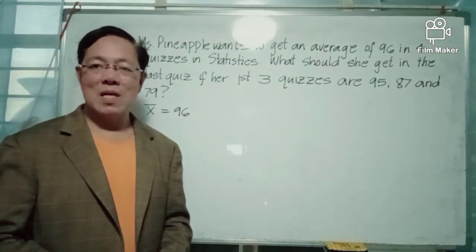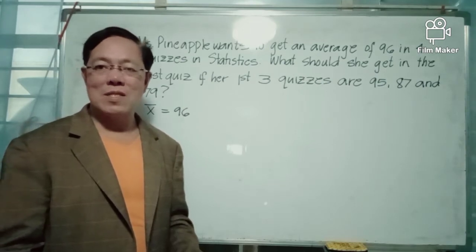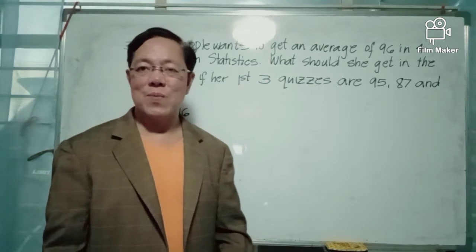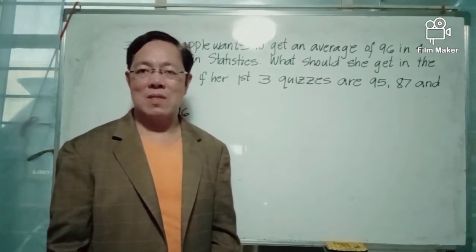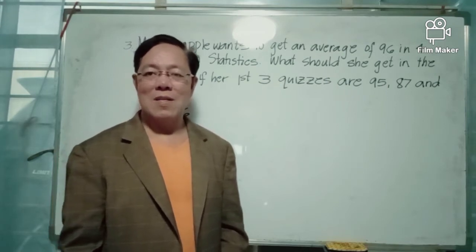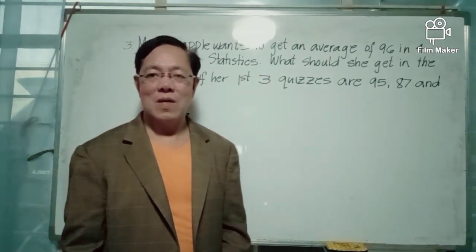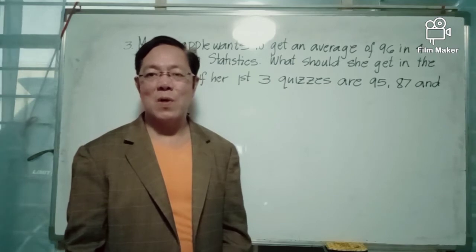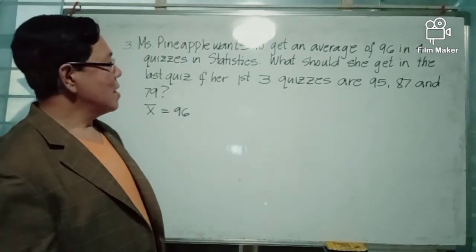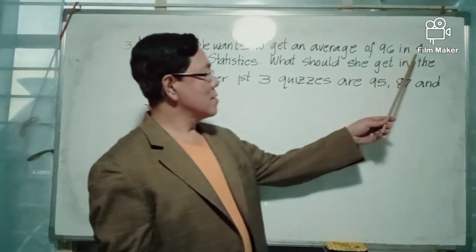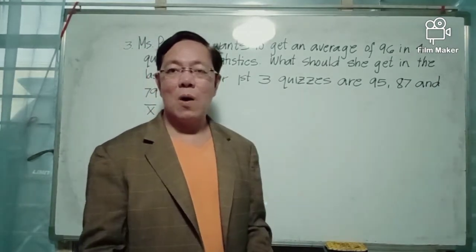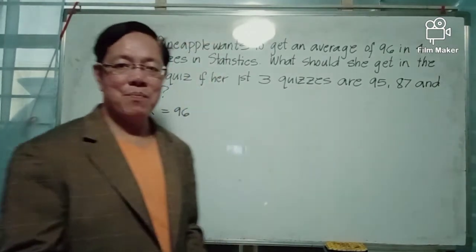And that's the average that Miss Pineapple wants to get after she has received her score for the last quiz. Perhaps she is running for summa cum laude and she wants 96 in average for her four quizzes in statistics. And there are 4 quizzes in statistics, and that will be our n or the sample size.